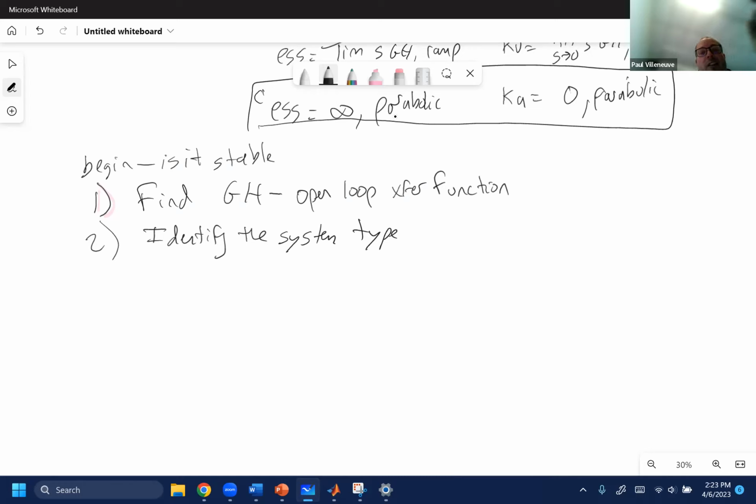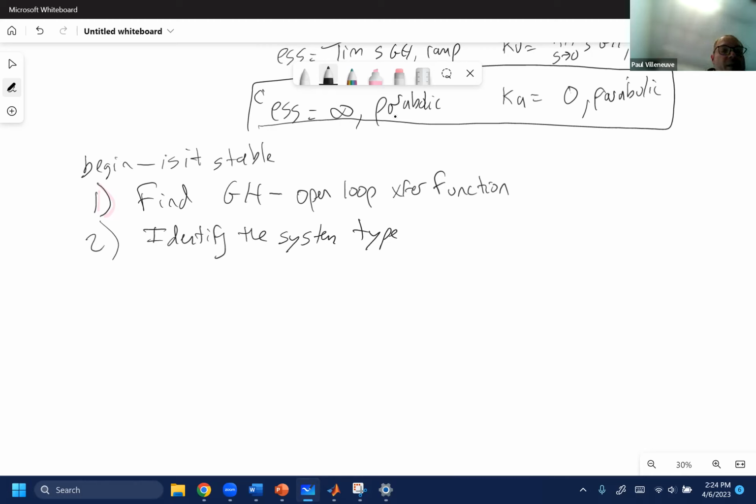If it's a type 1 system, I only have to worry about doing calculations for a ramp input. The step input's steady state error is going to be 0, and the parabolic is eventually going to go to infinity. If it's a type 2 system, the first two inputs are going to have a steady state error of 0, and then the third, the parabolic input, is the one where I actually have to calculate what that value is going to be.